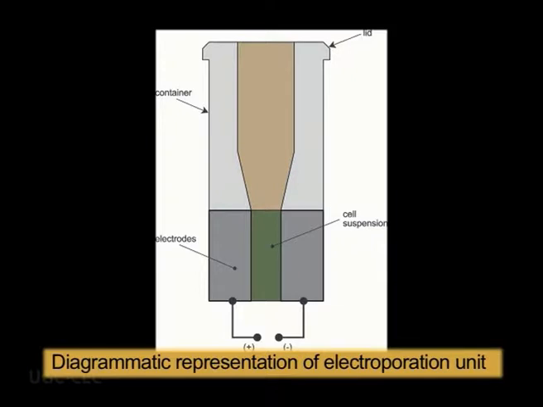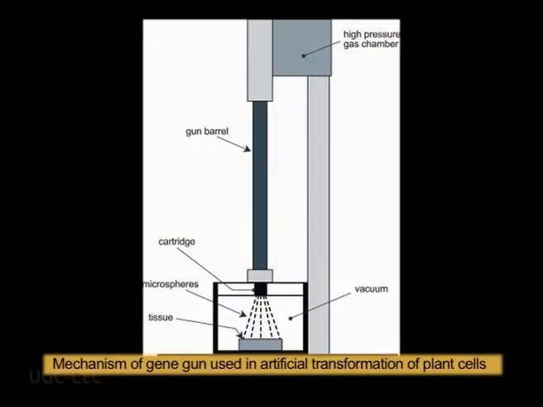This is ultimately helping in the transformation of plant cells, which can also be brought about by the gene gun, where the gene is fired into the plant tissue culture. The gene is attached to a gold nanoparticle, and ultimately it will settle down, and the DNA will get into the culture and modify it.